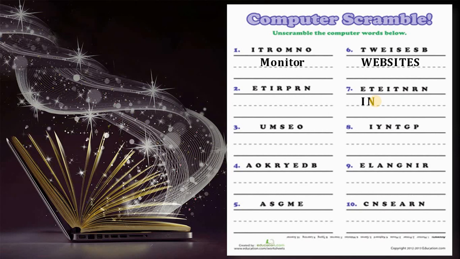N, T, int, inte, INTE, inte, inter. I think we are close to the word: internet. INTERNET. So internet is also a computer word. So see, this is the unscrambled word.